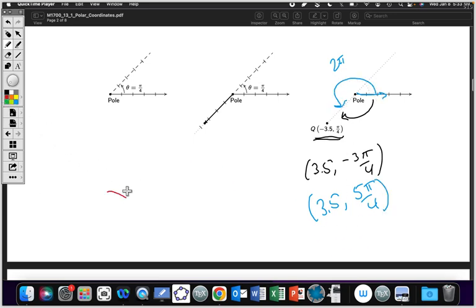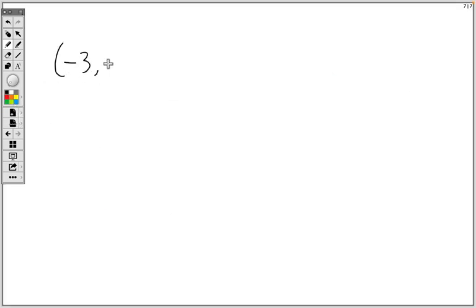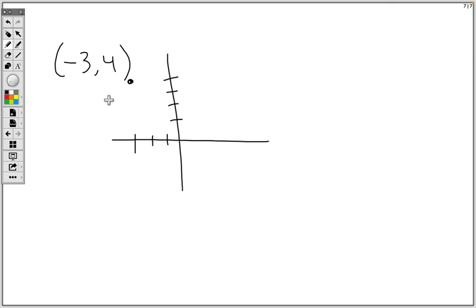So that's one of the big things about the polar coordinate system, which makes it richer, i.e. technically more complicated, than the Cartesian coordinate system, or the rectangular coordinates that we're used to. With rectangular coordinates, if I look at the point negative 3, 4, that's the only way to describe that point.